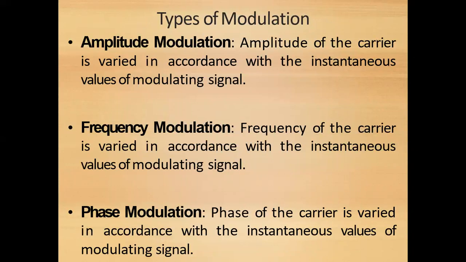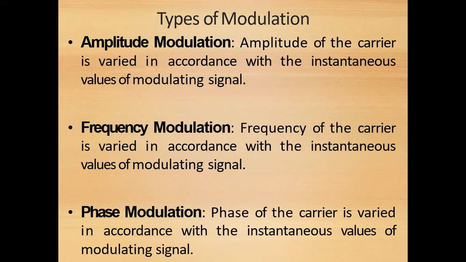So as we have seen the types of modulations, we have amplitude modulation, frequency modulation, and phase modulation. Why is it divided into three types like amplitude, frequency, and phase? If you take any signal, it will have characteristics. What are the characteristics of a signal? Simply, we can measure amplitude, frequency, and phase.